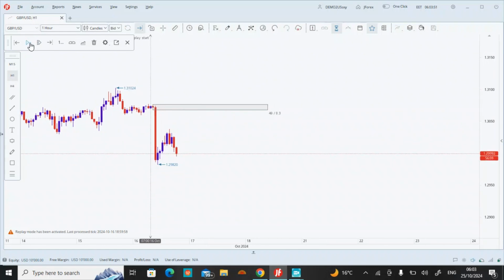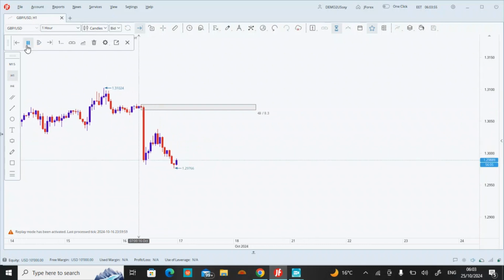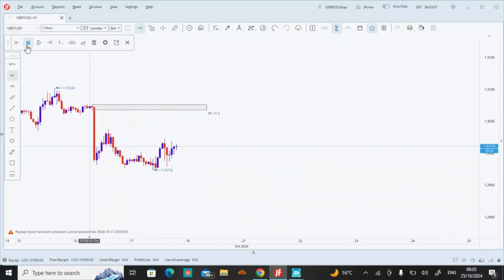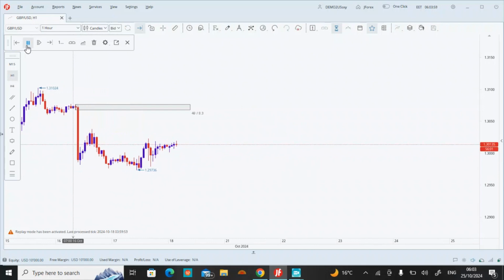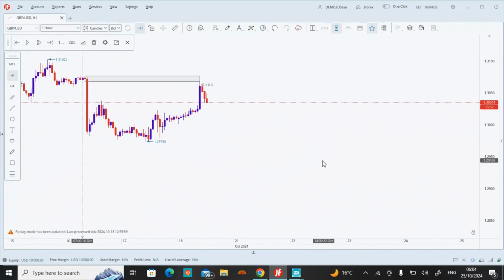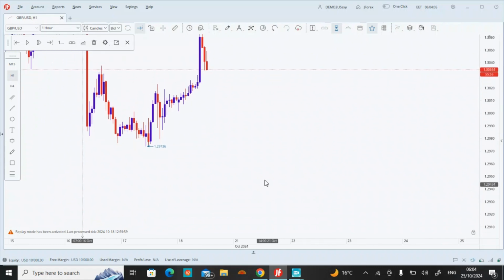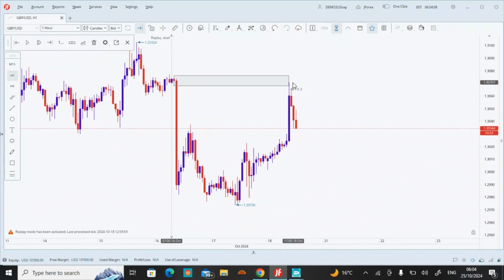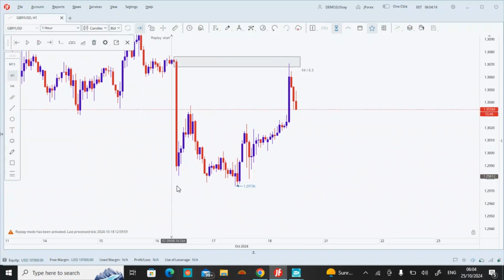First, has it broken structure? Do we have any break of structure? Not yet, at least. There. Okay, look at that. Now, this is what we are seeing here. Price has come down.